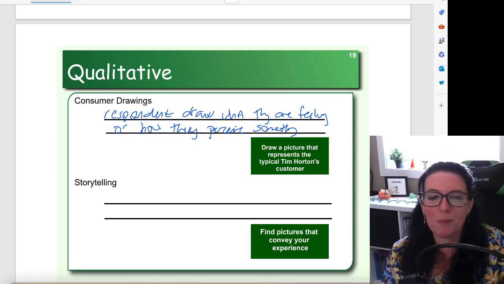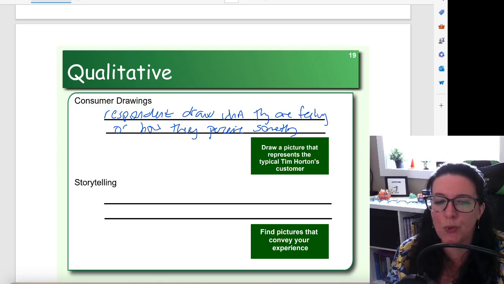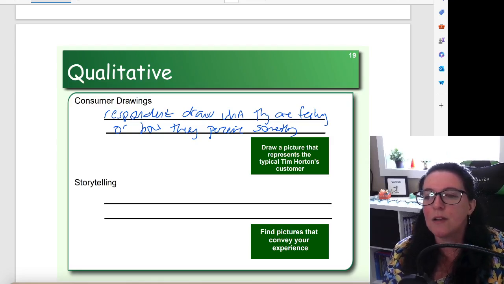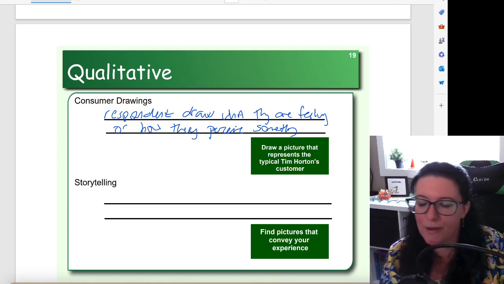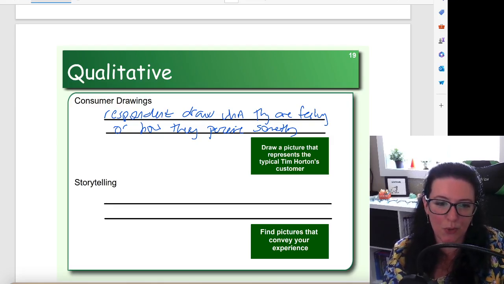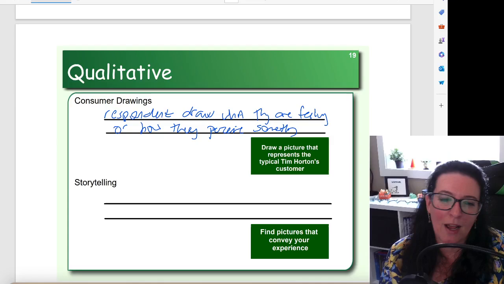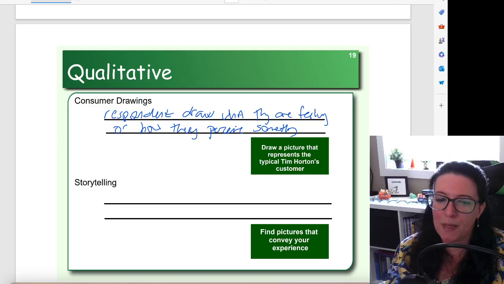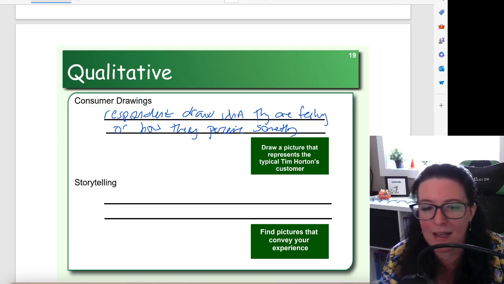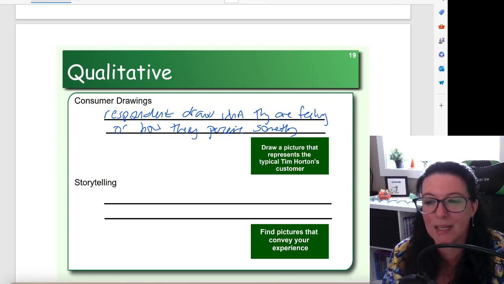And so they asked people to draw a picture of a customer who uses these products. And what they found is that people mostly drew heavier women. When they asked, who are these people? Low-income women in southern U.S. That's who's dealing with the bugs.